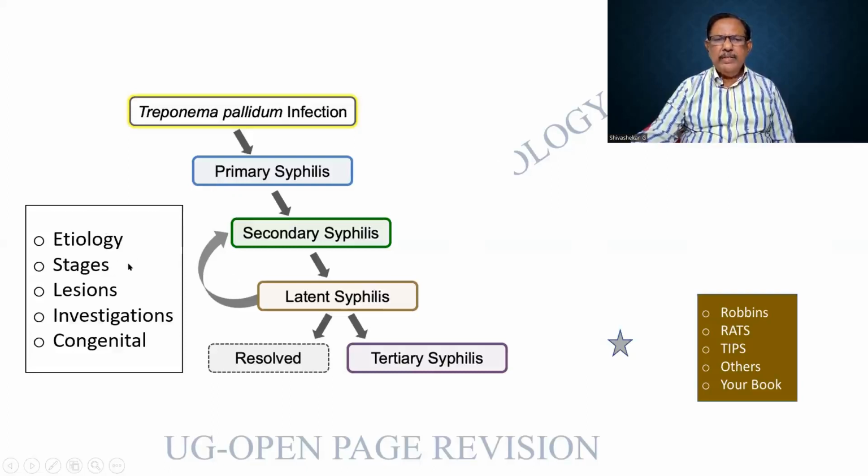And the stages starting from the chancre, primary, then secondary, there is a latent, finally it becomes tertiary syphilis. What are all the various organs involved? You get even an aneurysm and you get aortic incompetence. In the brain, you can have general paralysis of the insane. So these things you will have to know.